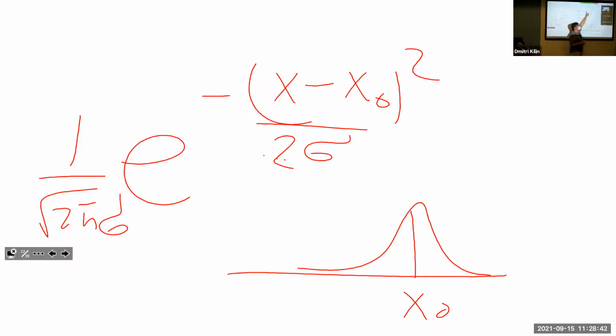When the difference is 0, e to the power 0 will be how much? 1. And if we put a minus, e to the power minus 10, will it be bigger than 1 or smaller than 1? Small. So everywhere away from the center, it will go down, right? And one can speak about width by tweaking the parameter in the denominator.